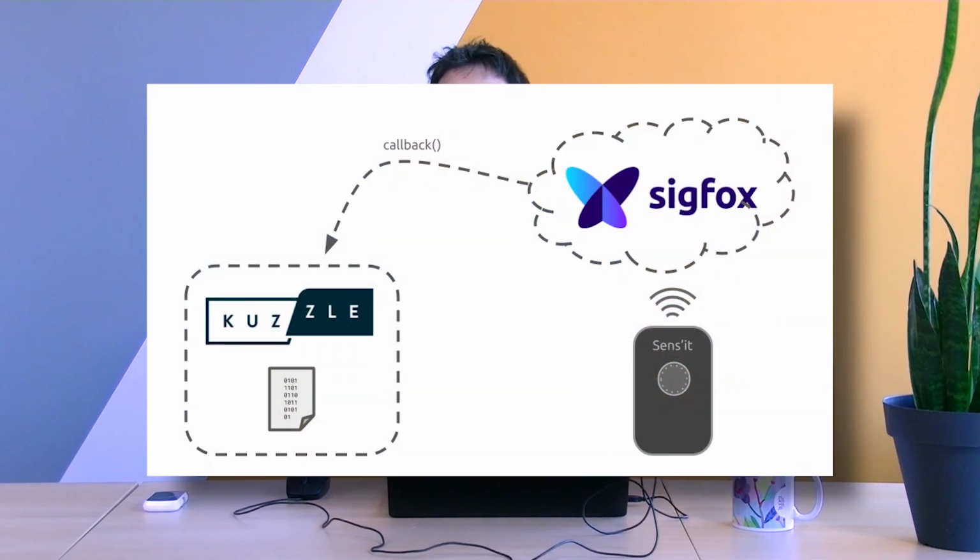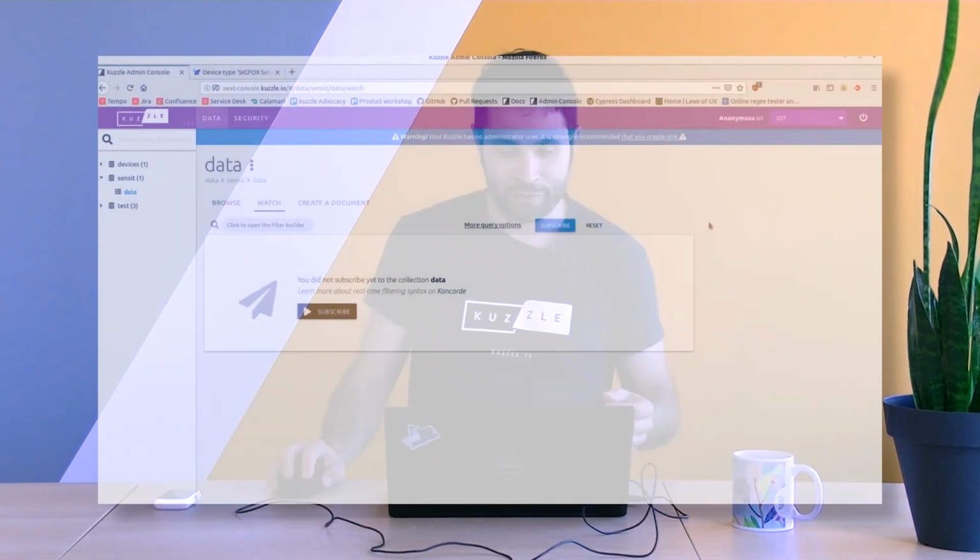I will have a Kuzzle server exposed to the internet and I will configure the callback to call my Kuzzle and create a new document with the payload sent by the Sensit inside the document, so that each new measure sent by this device will be stored into a new Kuzzle document. Now, let's take a look at how to do it.